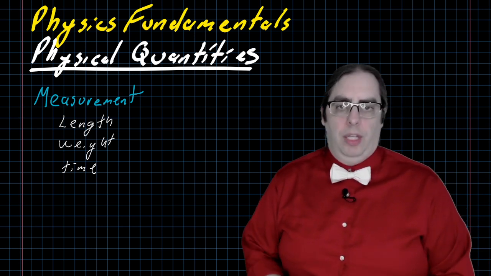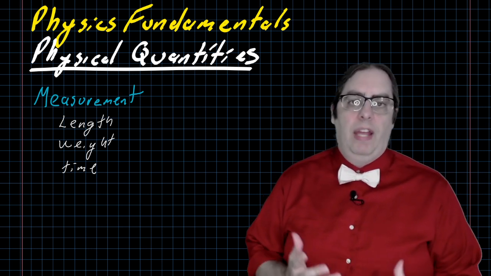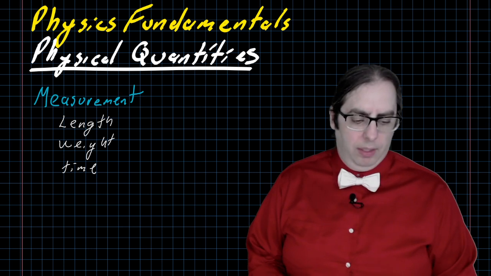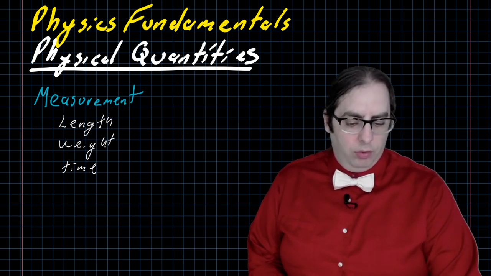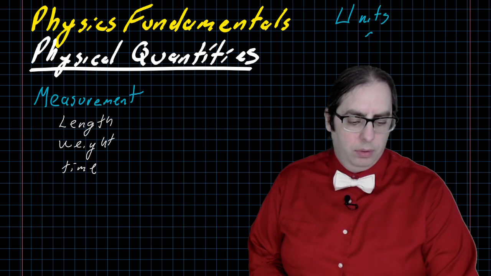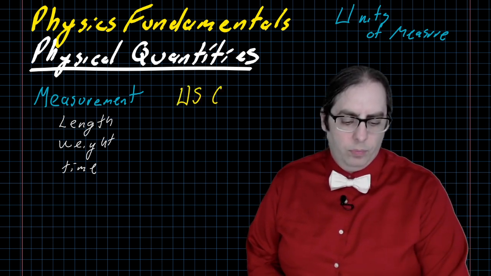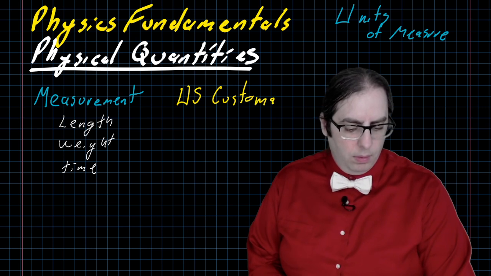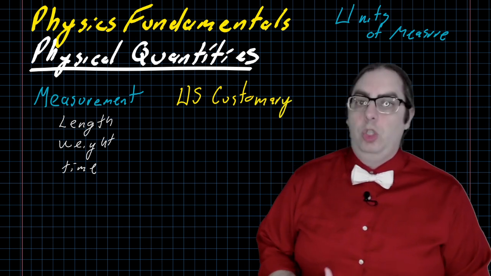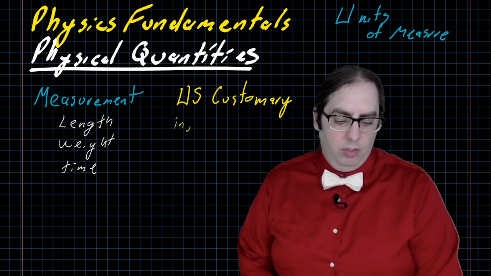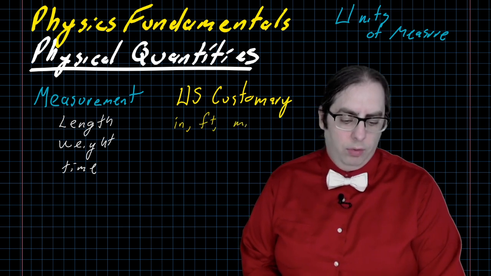Now, in order to measure things, you need some sort of a reference, right? To get a numerical value, you need to have some meaning of what those numbers mean. And that's where units of measure come up. I'm going to assume that coming into this course, you are most familiar with the US customary system of measure, where lengths are measured in things like inches, feet, or miles.